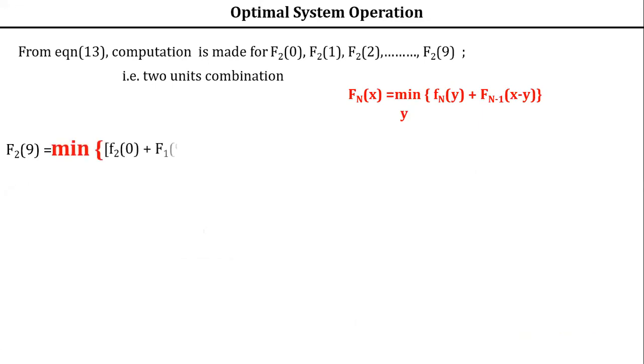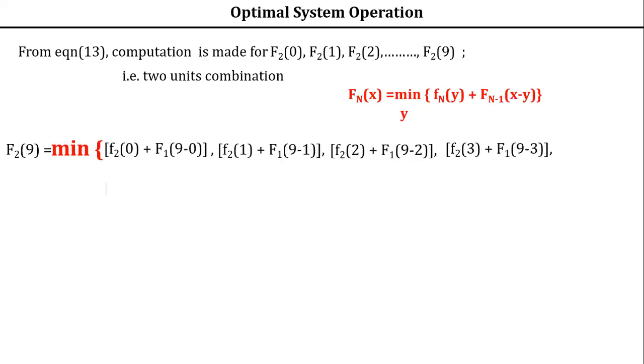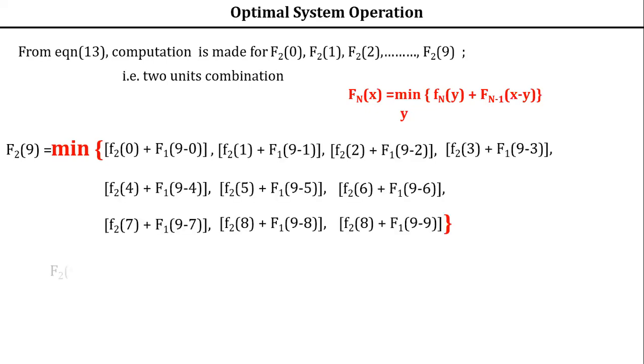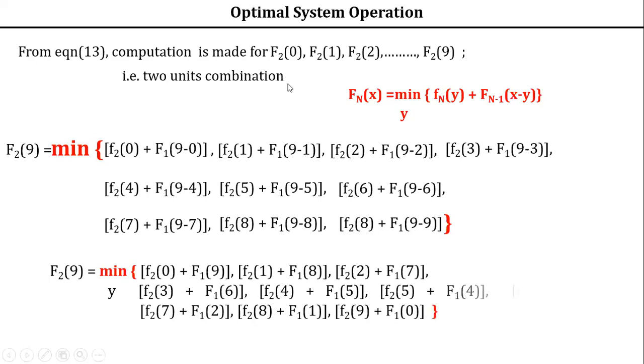We have seen these combinations, totally 1, 2, 3, 4, 5, 6, 7, 8, 9, 10. 10 combinations, each combination consisting of 2 units.